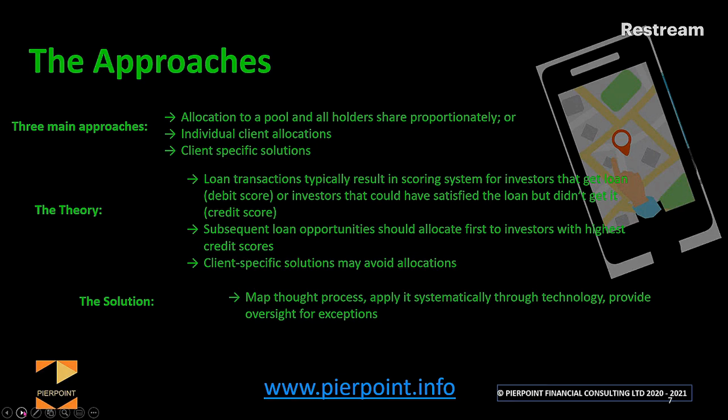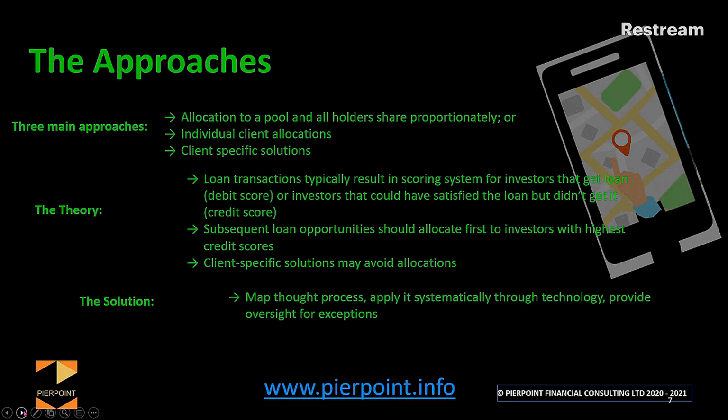Now, the theory about how this scoring works is that, whether as part of a pool or an individual client allocation methodology, in that trade you have client A and client B who could both satisfy that Apple transaction. The client that gets the loan gets a debit score, because you've had that loan opportunity. So now you are going to get a debit.